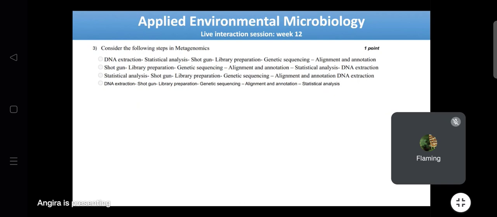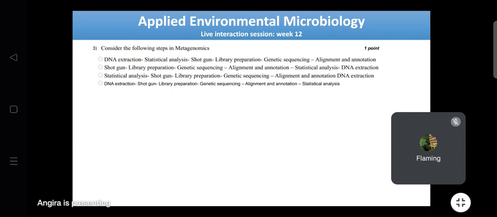So the first option: is it DNA extraction followed by statistical analysis followed by shotgun, then library preparation, genetic sequencing, alignment and annotation? Or is it shotgun followed by library preparation, followed by genetic sequencing, followed by alignment and annotation, followed by statistical analysis, and then DNA extraction?